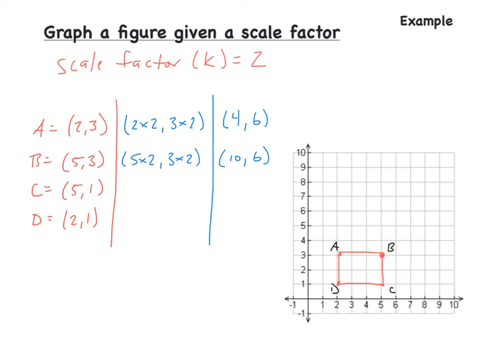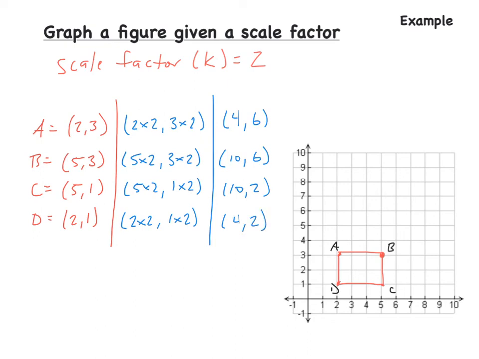Now for C, 5 times 2, 1 times 2, so we do 10, 2. Now for D, 2 times 2, 1 times 2. So we would get 4, 2.